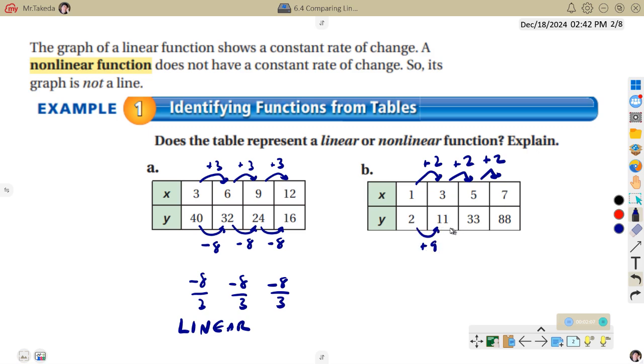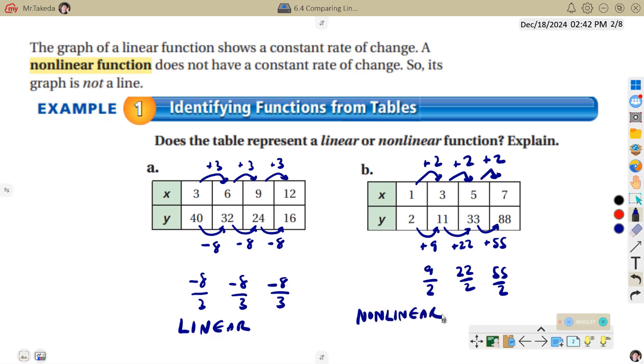And then 11 to 33, that's an increase of 22. 33 to 88, that's an increase of 55. So you can see 9 over 2, 22 over 2, 55 over 2, these are all different. I don't know what this is, but I know it's not a constant rate of change. And I also know it's not linear, which means it's non-linear.